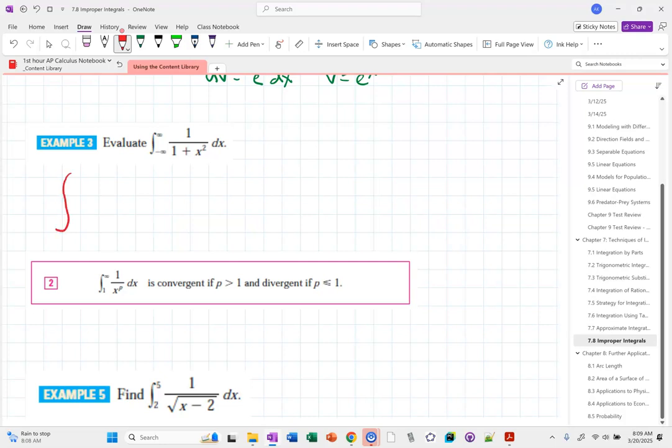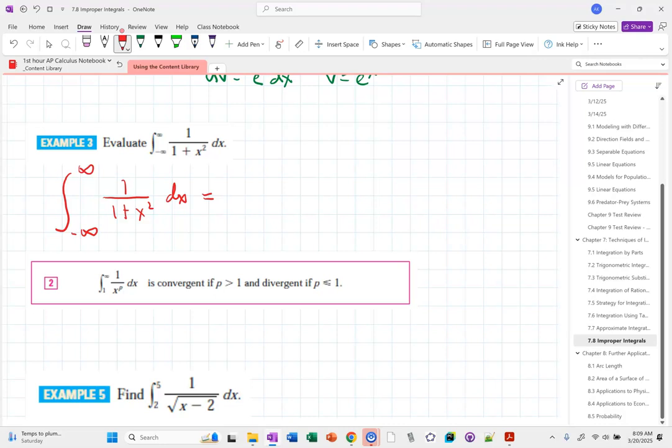So what do you notice about this guy here? I have infinities at the top and the bottom, right? So I can't do one of these improper integrals where I have two problem parts.